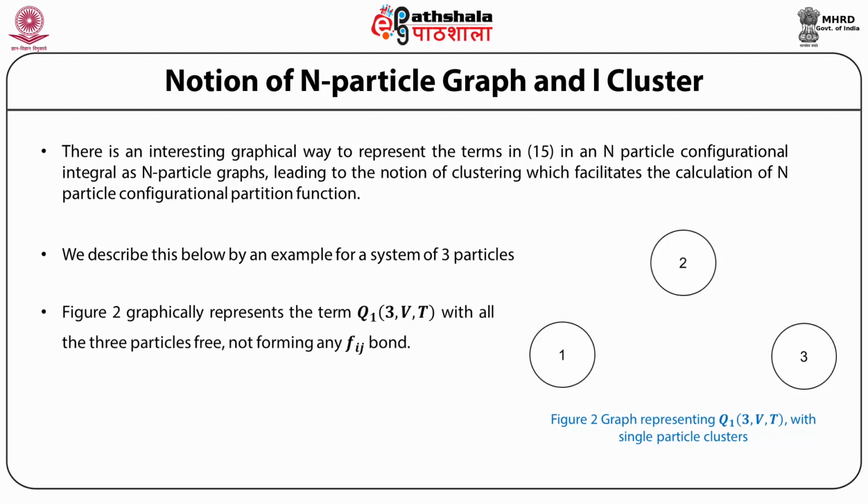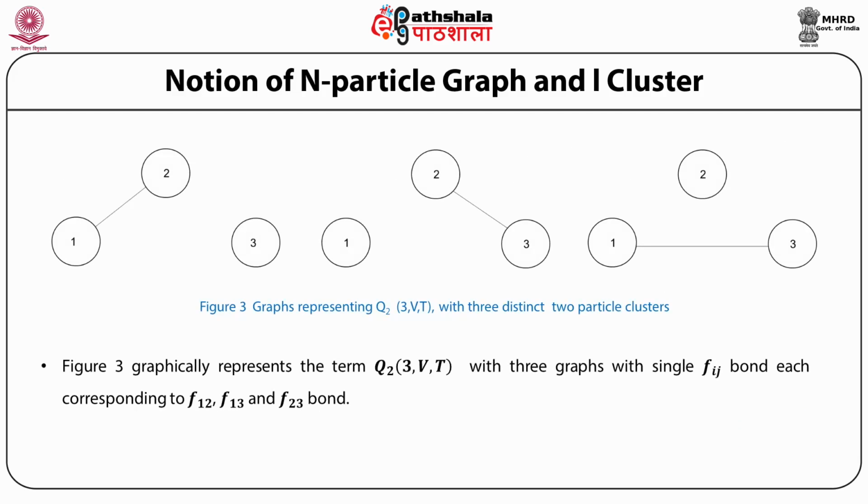Figure 2 shows graphically the term Q1(3, V, T) with all the 3 particles free, not forming any f_ij bond. Figure 3 graphically represents the term Q2 with 3 graphs with a single f_ij bond, each corresponding to the f12, f13 and f23 bond.